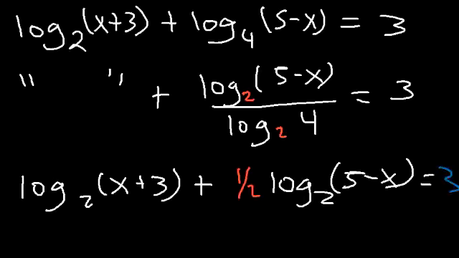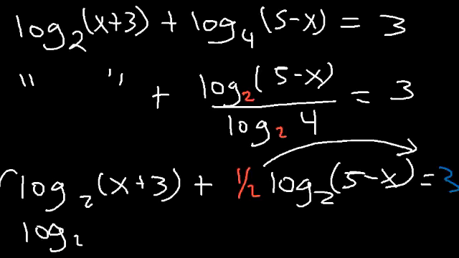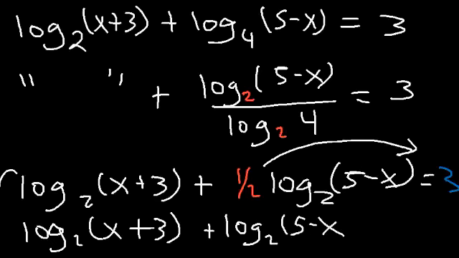Now, we can't combine it into a single log yet, because the coefficients are not the same. So therefore, we need to move the 1/2 to the exponent position. So we have log base 2 of (x plus 3), plus log base 2 of (5 minus x) raised to the 1/2, and that's equal to 3.